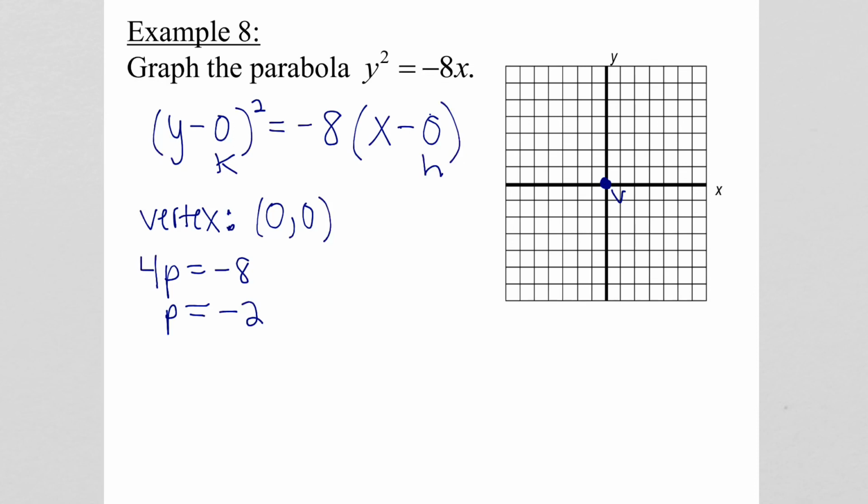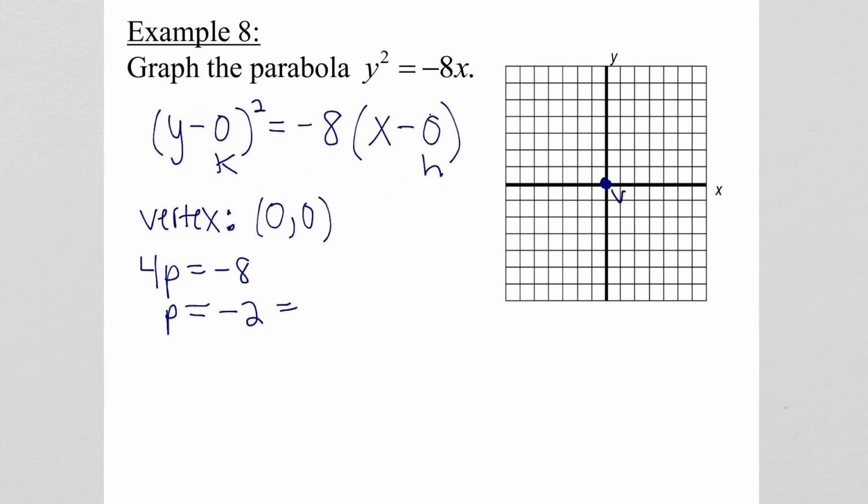This is important because if p is equal to negative 2, then I can get to the focus and the directrix by traveling 2 units away. The question is, which way is this parabola facing? Because it starts with a y squared, our parabola opens either to the right or to the left.